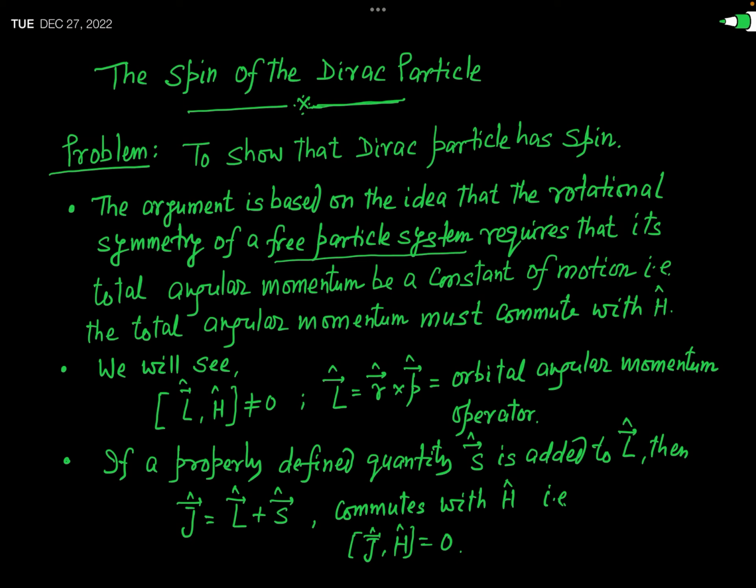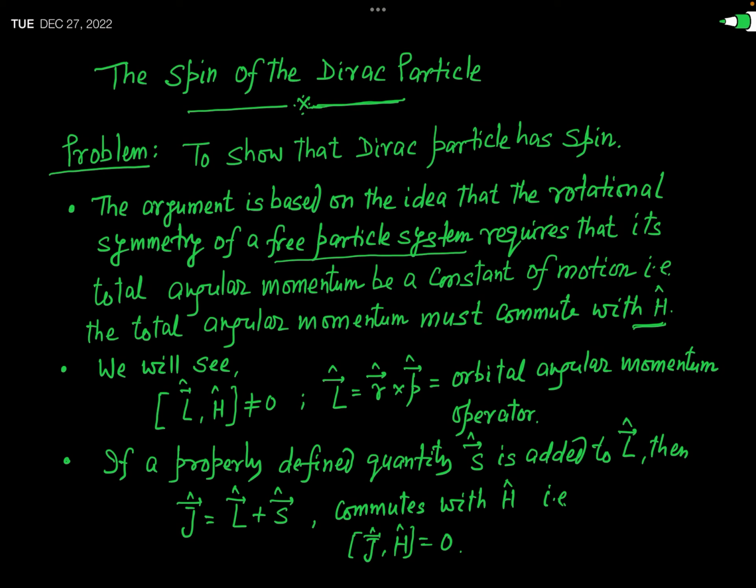In other words, if the total angular momentum of the particle is a constant of motion, then in the language of quantum mechanics, the angular momentum of the particle must commute with the Hamiltonian H. Because you know, any operator which commutes with the Hamiltonian operator is a constant of motion.